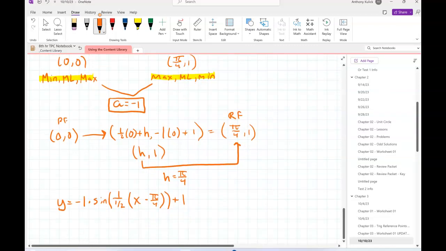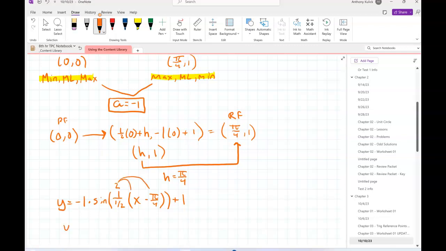One over 1/2 is the same thing as 2, right? When I distribute that 2 through, I get 2x, and I get pi over 2. So far, so good?